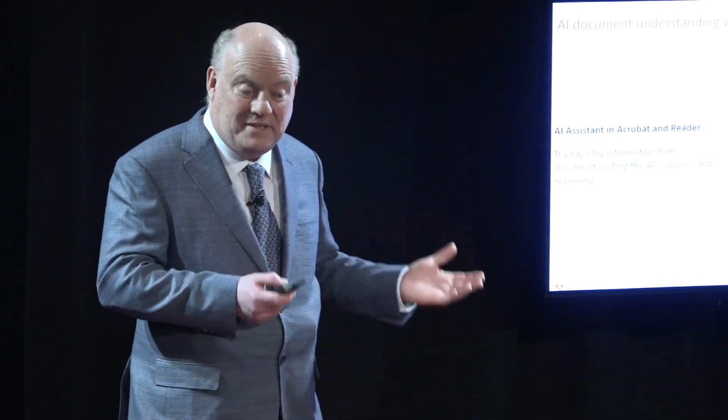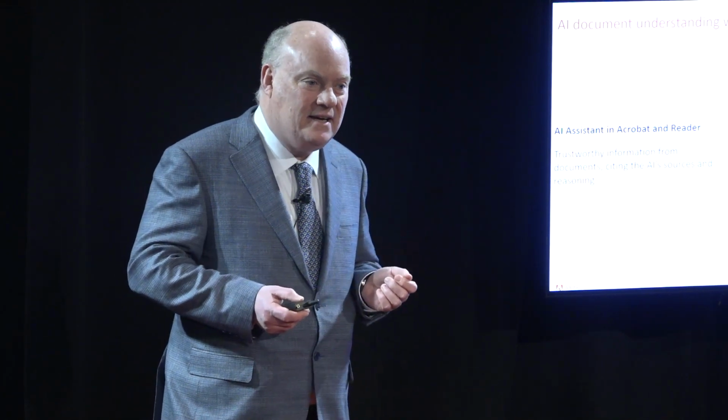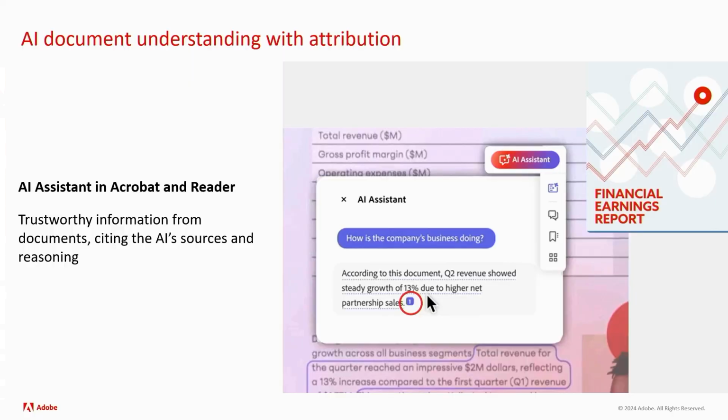So we also have a document business called Acrobat, PDF, you may have heard of. And we recently launched an AI assistant which shows up in the margins of documents and lets you ask questions about the document and so on. The most important thing on this slide is the little one inside a red circle.